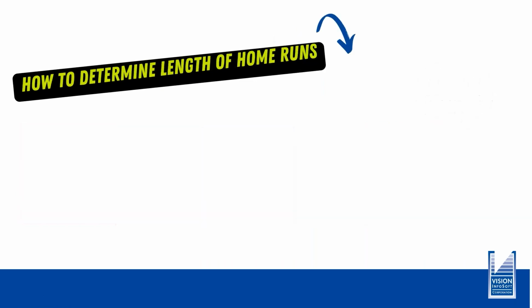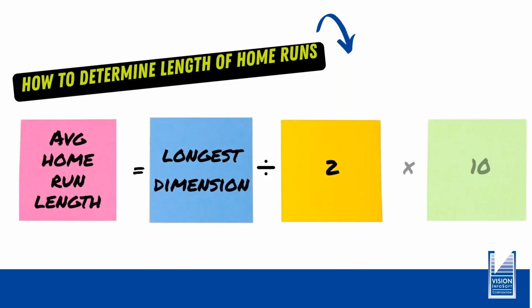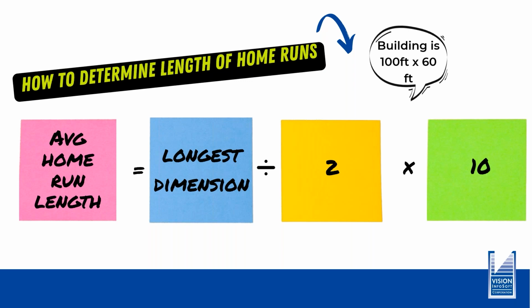Now, the other side of the formula is we need to know how long we're going to use for an average home run. And this is one of the things that I, again, was shown by some estimators who really know what they're doing. Let's say you've got a building that's 100 by 60 feet. You take half of the longest dimension.